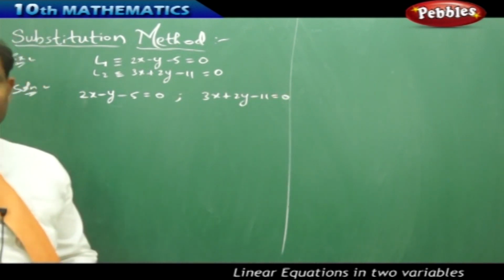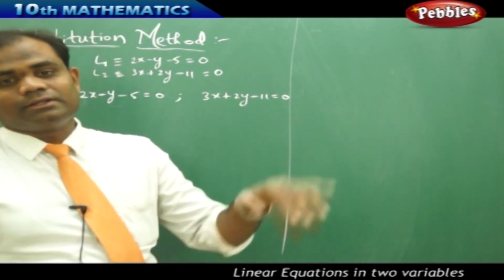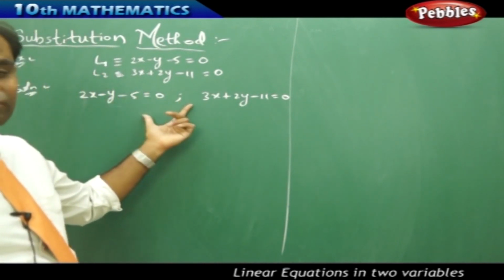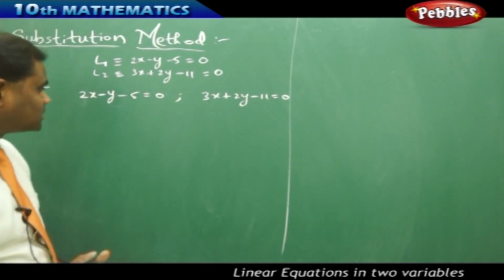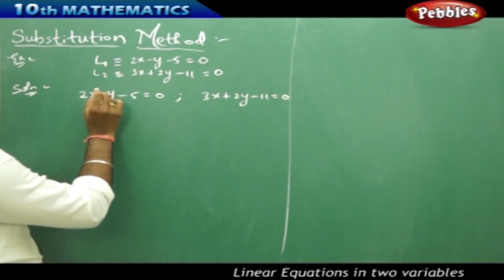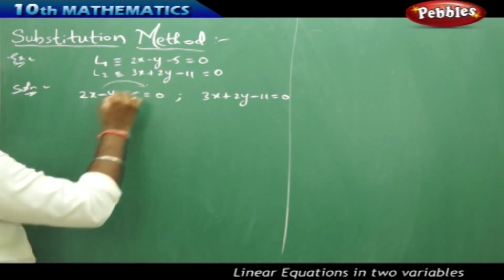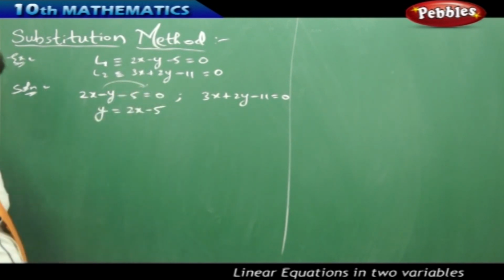Now the substitution method says that we need to bring one variable into the form of the other variable and then substitute it in one of the equations. For example, since the coefficient of y is 1, I always find this easier. Therefore, I'll bring this to the right, so I get y equals 2x minus 5.